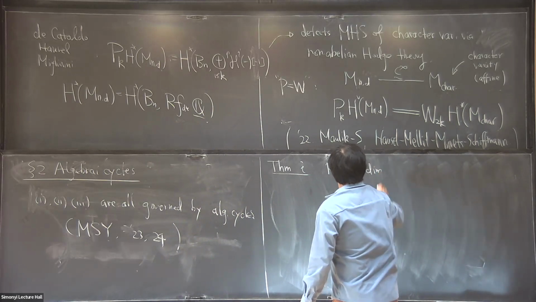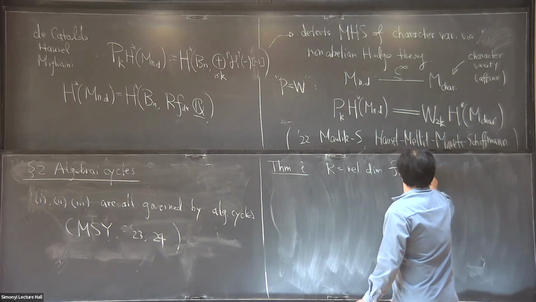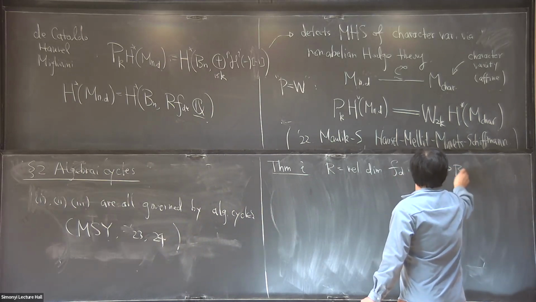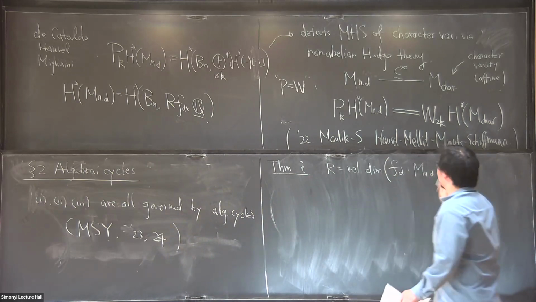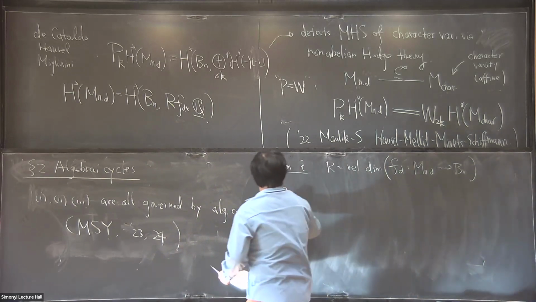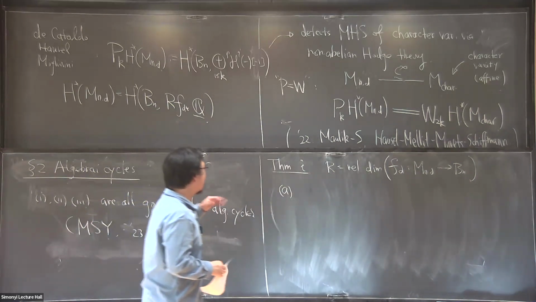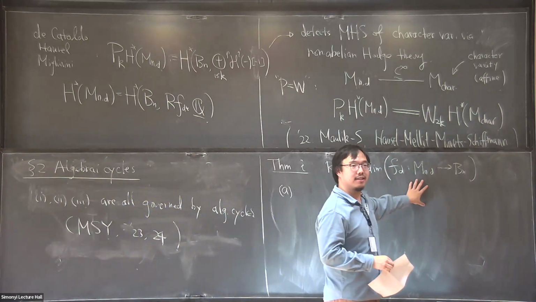I use R to denote the relative dimension again of the Hitchin system. The first part is that the BBDG decomposition theorem is indeed motivic in this setting.